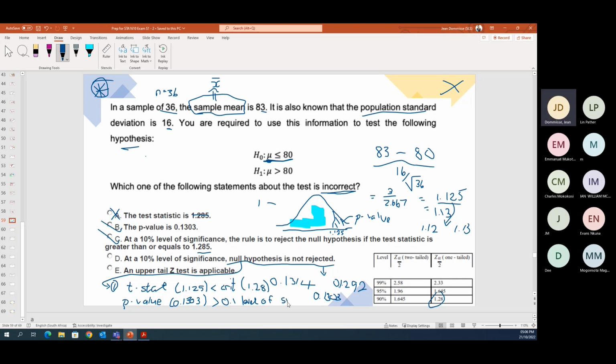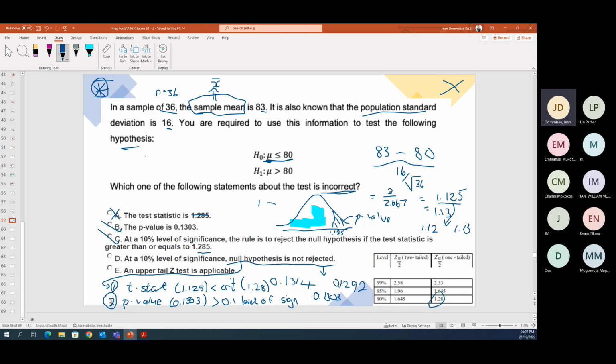Okay, so there's two ways that you can identify it. If your p-value that you calculated is bigger than the level of significance, the null hypothesis is not rejected. Also, when the t-stat that you've calculated is smaller than your critical value, the null hypothesis is also not rejected.